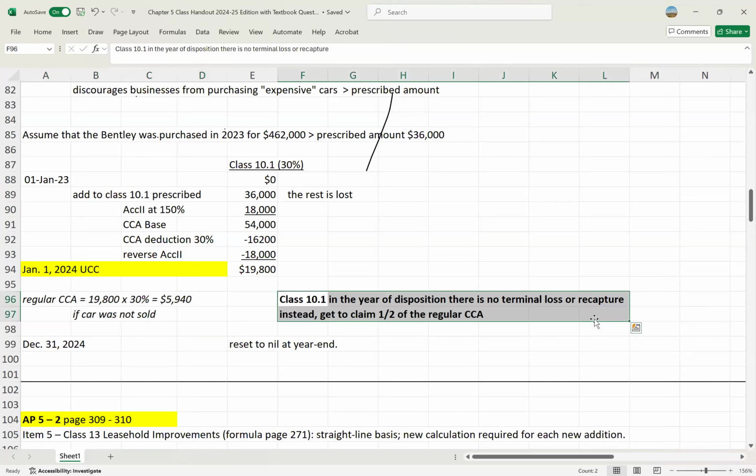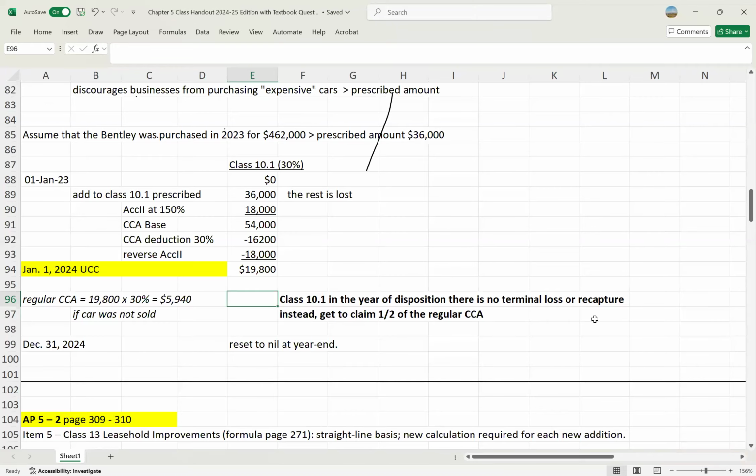Rather than deduct the lesser of cost or proceeds, when you sell a class 10.1 car in the year of disposition, there's no terminal loss or recapture. We're going to go through those terms later on, but none of that exists. Instead, you just get to claim 1/2 of the regular CCA.